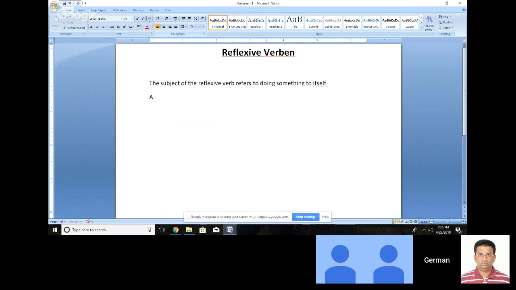Almost all verbs can be used as reflexive verbs. Okay. For example, er liebt. This is a nominative.